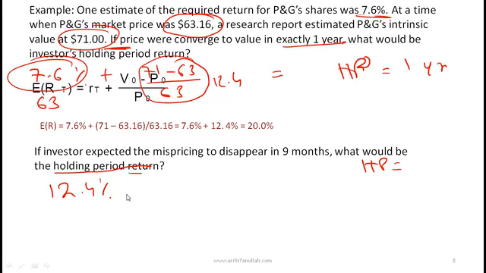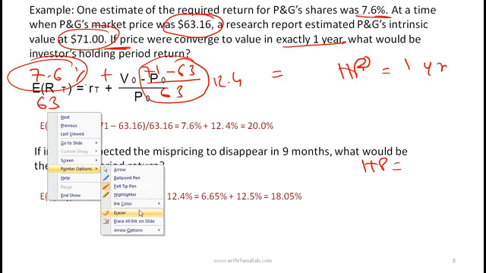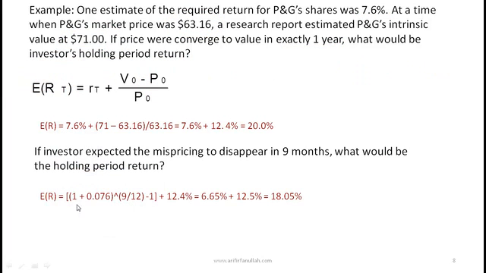So actually the exact answer is, let me just clean this up a little. Over the 9-month period, the return that you have is 1.076 to the power of 9 over 12 minus 1, which is about 6.65%, and the 12% stays the same. So your holding period return is 8%.